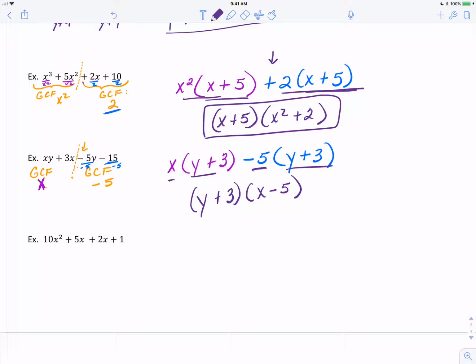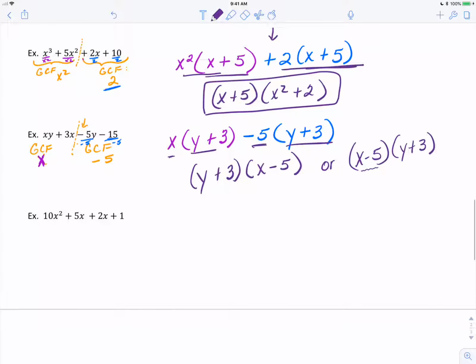And that does not matter. If you write your answer as x minus 5 times y plus 3, that is the exact same thing. So it doesn't matter, because remember, what's inside here matters, but the order of your two binomials does not matter.